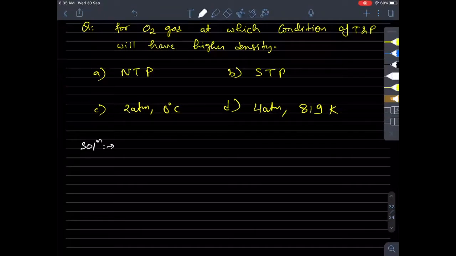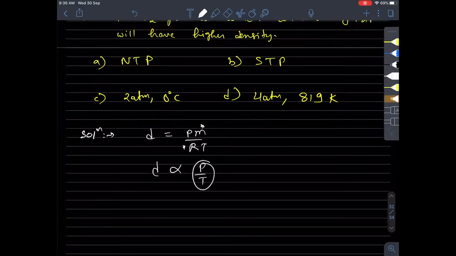Very simple. Density is equal to PM by RT. So molecular weight and R are fixed, so density is proportional to the ratio of P by T. Just figure out the ratio. NTP means pressure 1 atm, temperature 273. Ratio P by T will be 1 by 273.